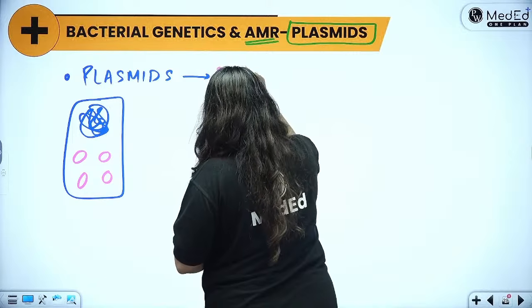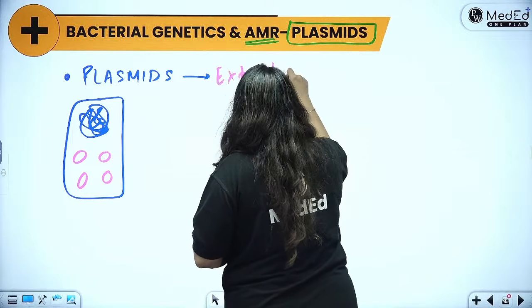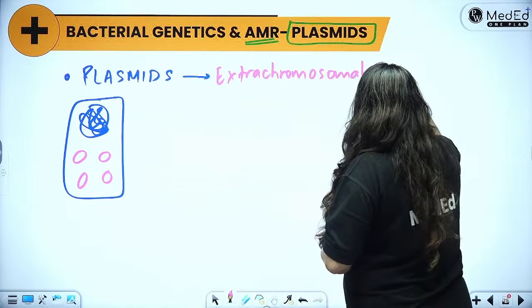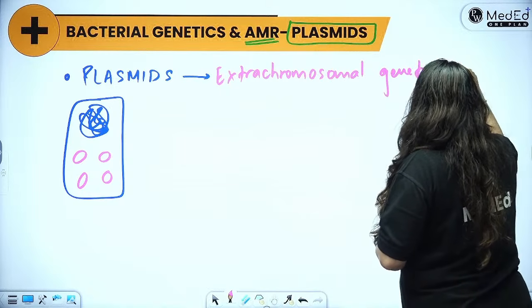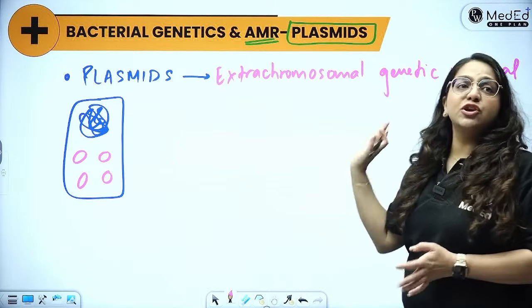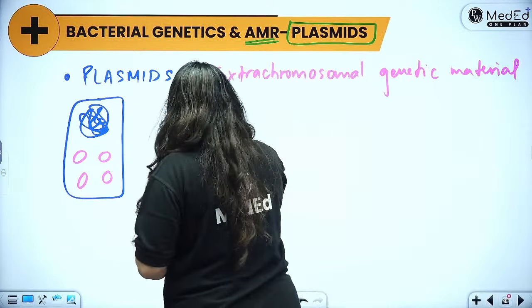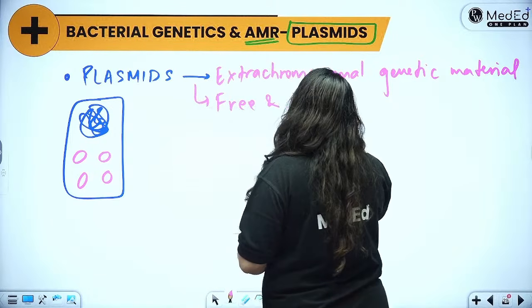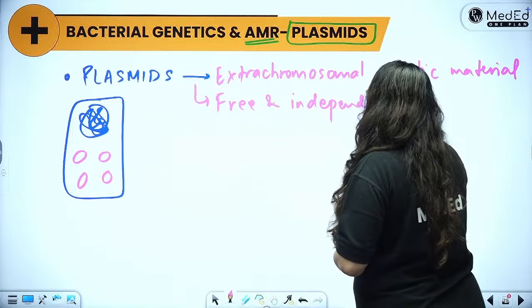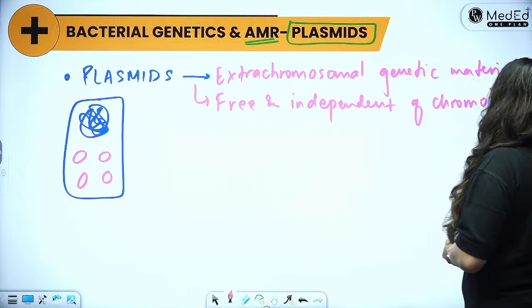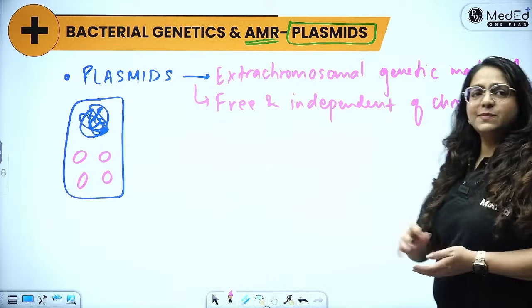Plasmid is extra chromosomal genetic material. It is very much genetic material, and it has genes, but it is extra chromosomal. It is freely floating. It is free and independent of the main chromosome. So whenever the bacterial cell is dividing, or when the bacterial chromosome is dividing, plasmid does not care.